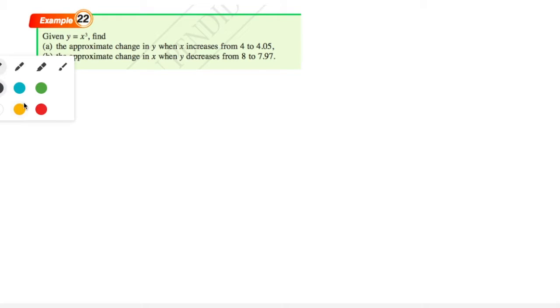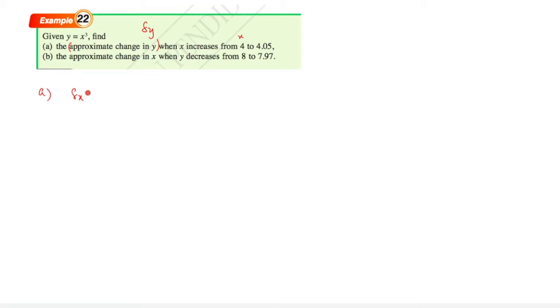The question asks you to find the approximate change in y, meaning it asks you to find delta y, when x increases from 4 to 4.05. x increases a little bit to become 4.05. So first I need to find delta x.